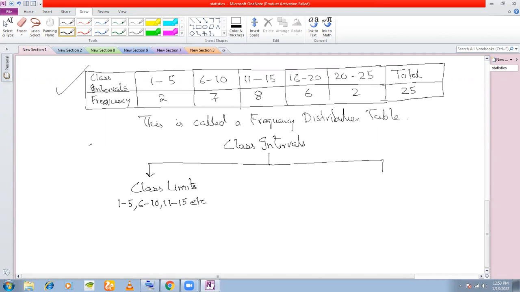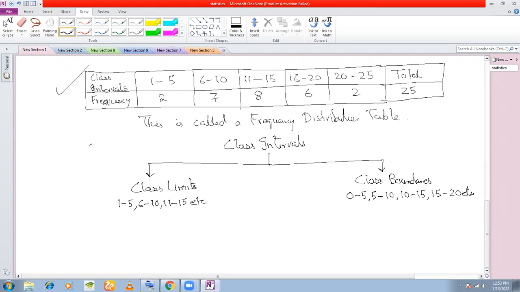And the other one is called class boundaries. This is the most important one, class boundaries. Under this category, you can have intervals like 0 to 5, 5 to 10, 10 to 15, 15 to 20, and so on.